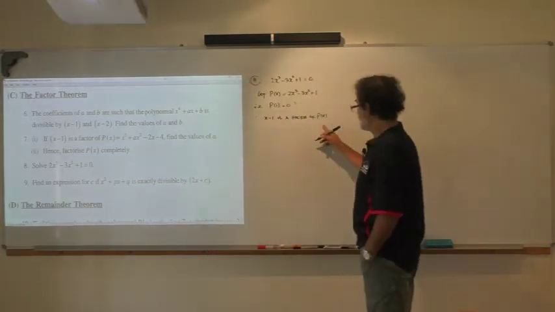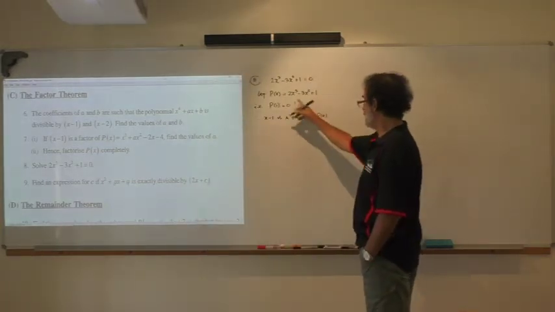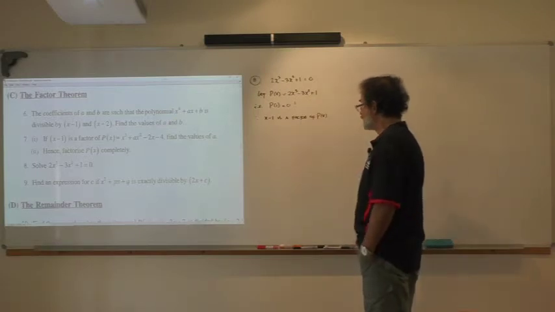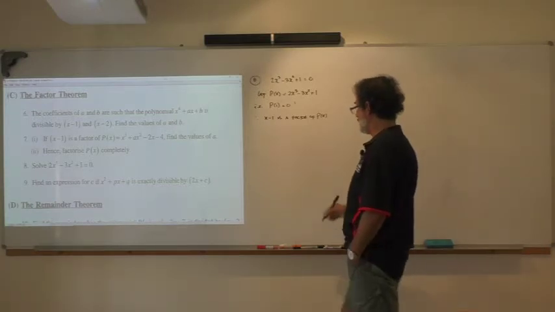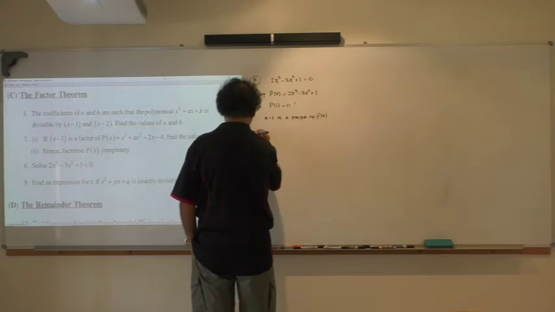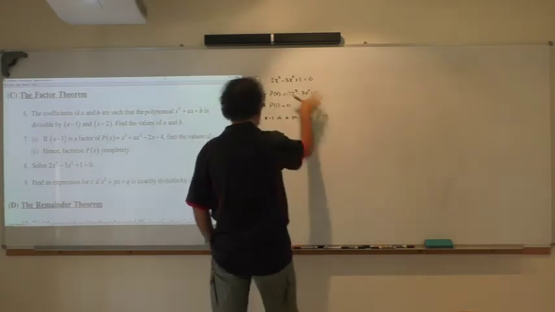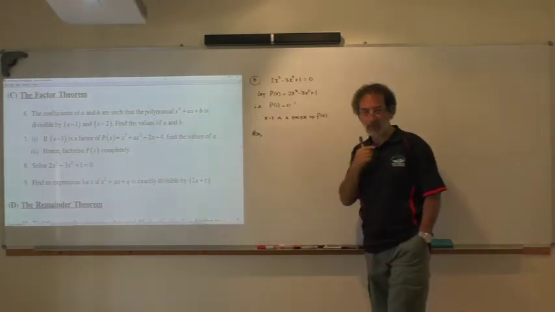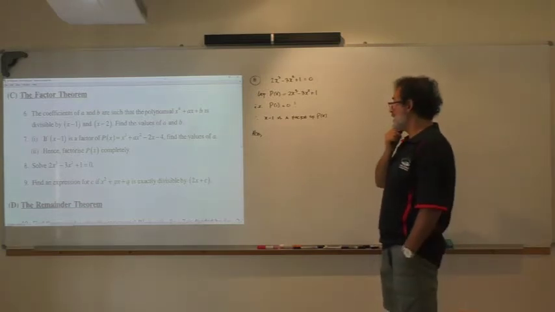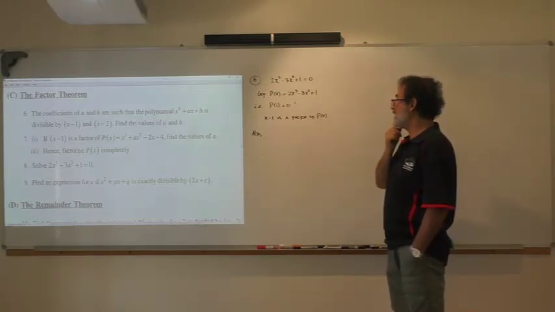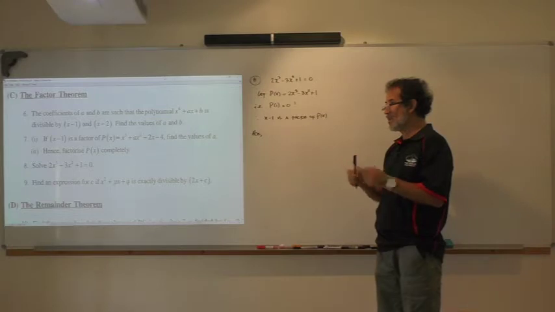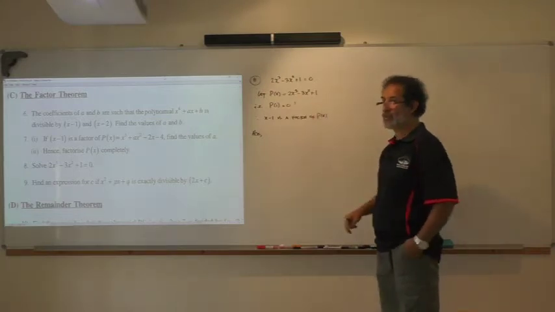And then to find the other factors, we are going to divide this polynomial by x minus 1 and see what happens. Okay, you can do this question, I suppose, in many different ways. You could find the other factor, and then multiply them to each other to form this equation.